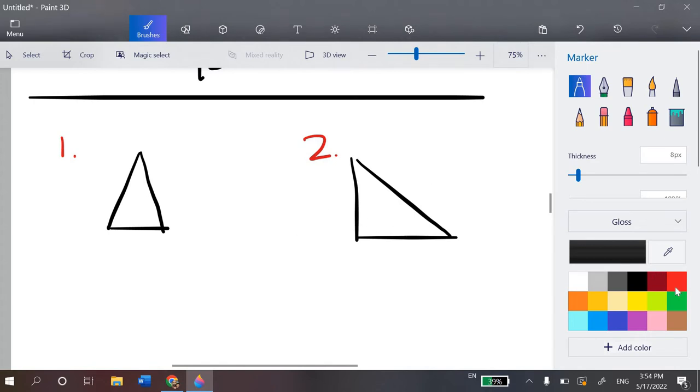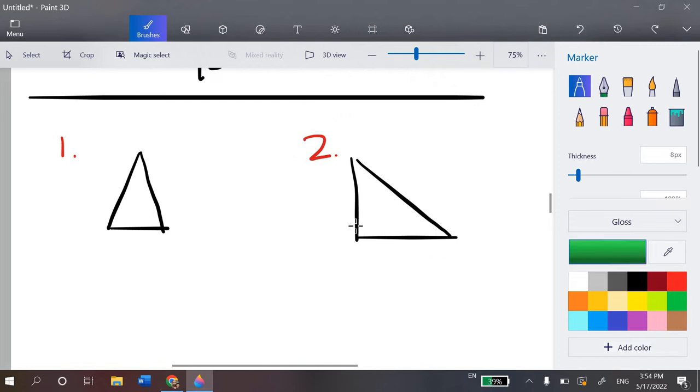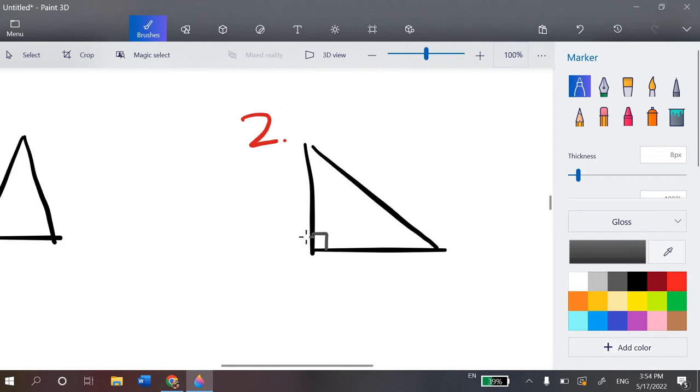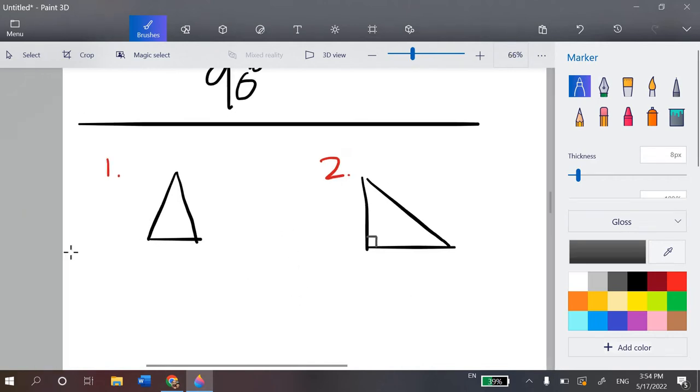Yes, very good, correct. Number 2. Number 2 is a right angle triangle because as we can see here, this angle is 90 degrees. Okay, so everything we do in this unit will be based on 90-degree triangles.